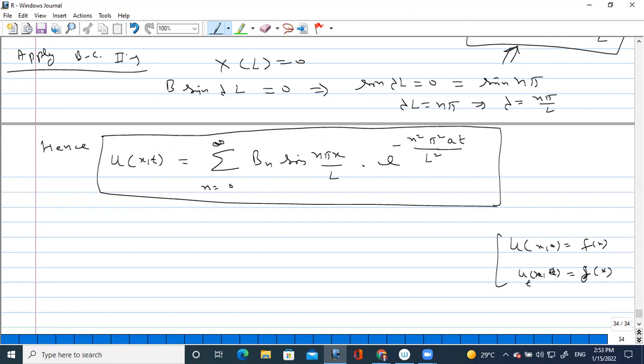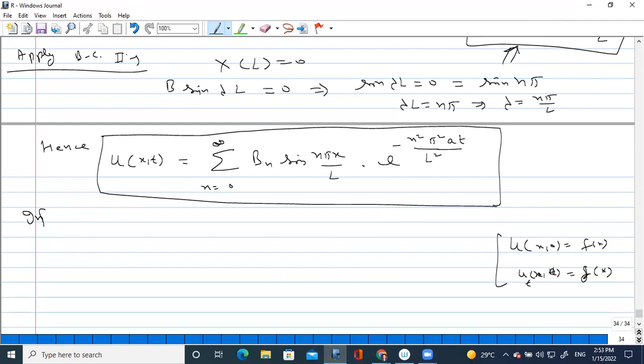This g(x), actually this is del u by del t. So yesterday we have seen, because this was a displacement, del u by del t will give you the velocity. So it was the initial velocity. So like this, here also we can have the initial condition.